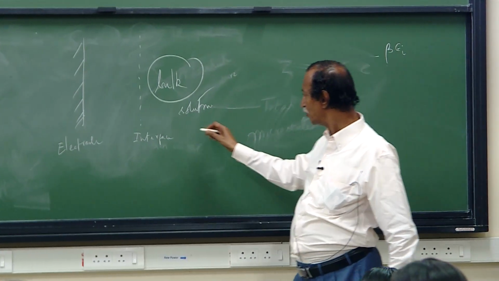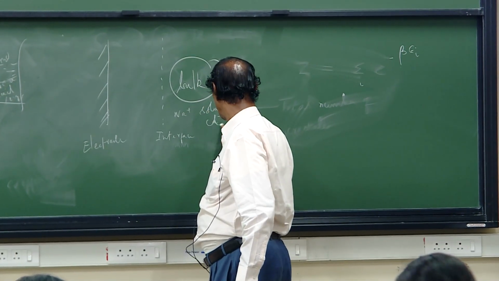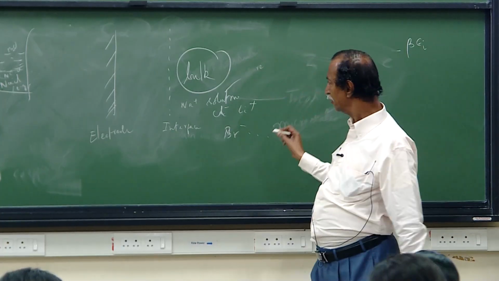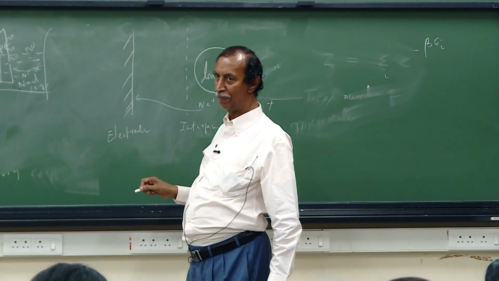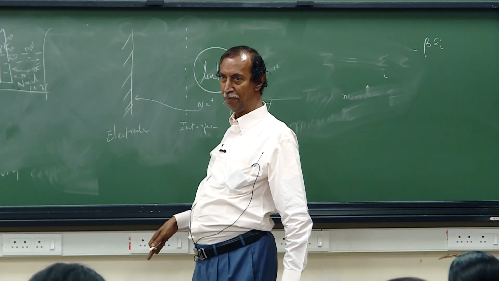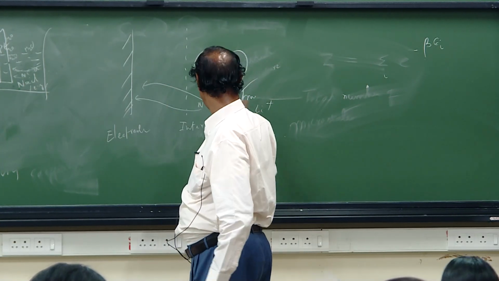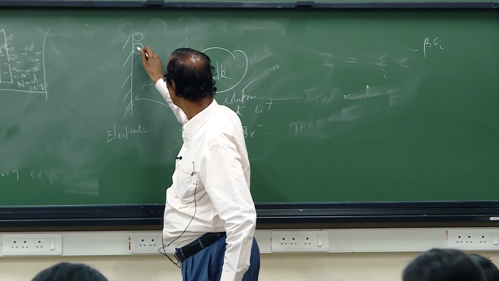Suppose I have here Na plus, Cl minus, all these things, lithium ion, sodium, bromine, let us say something. Then these ions will come here and stay there for some time. Similarly, this ion will come there and stay there for some time. Then this water molecule will always be present here. Water.